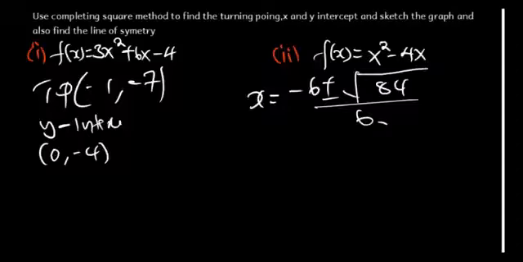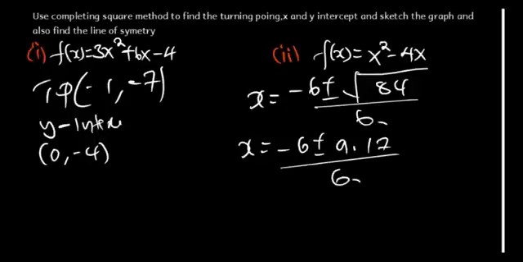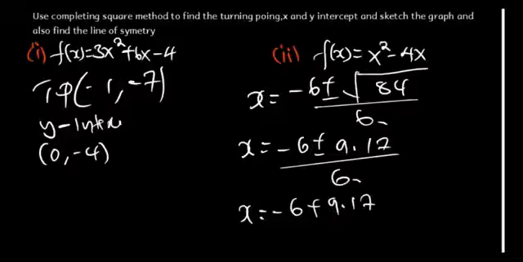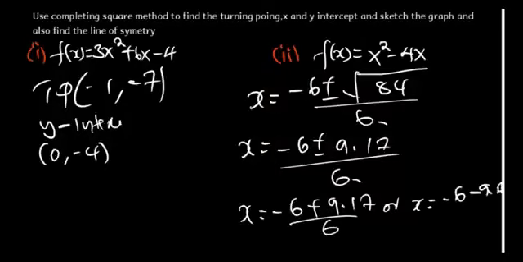The square root of 84 is 9.17. So we're going to have two values of x: x equal to negative 6 plus 9.17 over 6, or x equal to negative 6 minus 9.17 over 6.